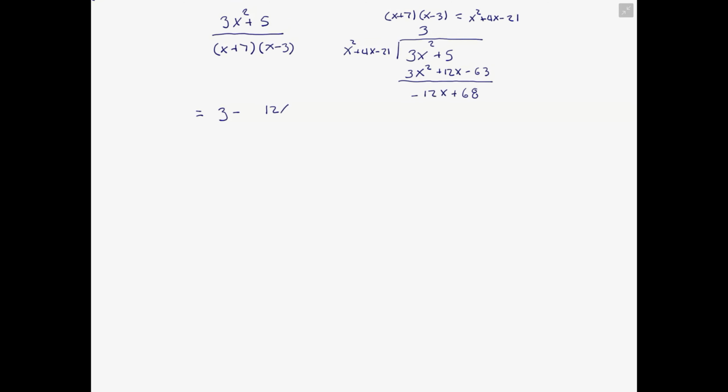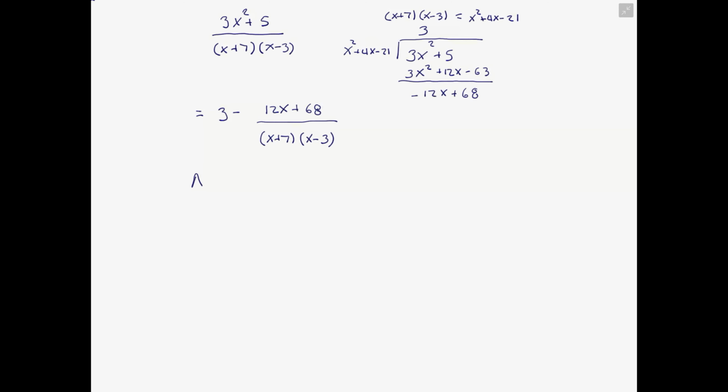And so we end up with this equaling 3 minus 12x plus 68 over x plus 7, x minus 3.